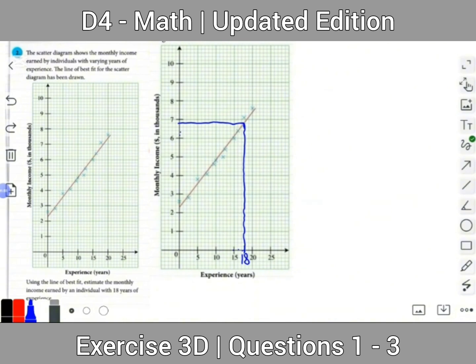So here we have the values 6.2, 6.4, 6.6, 6.8. The value lies somewhere between 6.8 and 7. So this value is approximately 6.9.